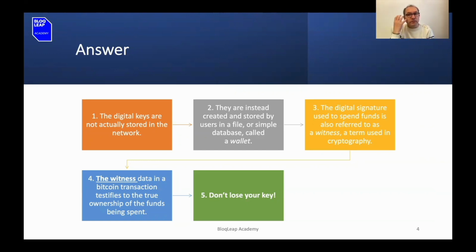So the most important aspect of this topic is: don't lose your key. Let's carry on with the bank account analogy. Imagine you lose your card, or even you lose your online password. You can call someone, or you can go to the bank, and with your passport, you can say, look, I lost my key. Can you give me another set of keys?